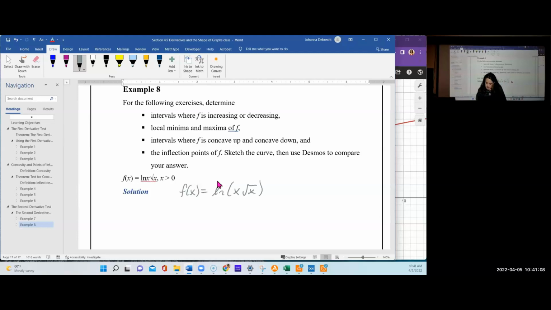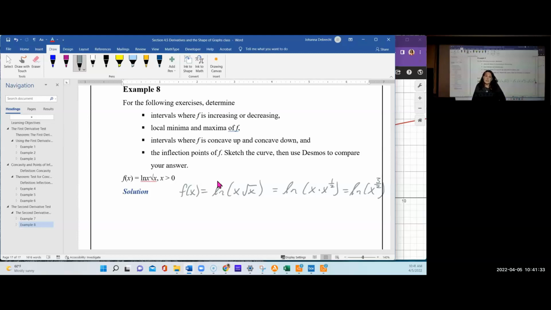Now, x square root of x can be written in power form as the natural log of x times x to the 1/2, which can be written again as the natural log of x to the 3/2 power. Now you could pull the 3/2 to the front of the natural log, but that changes the domain a little bit. So I would leave it where it is.